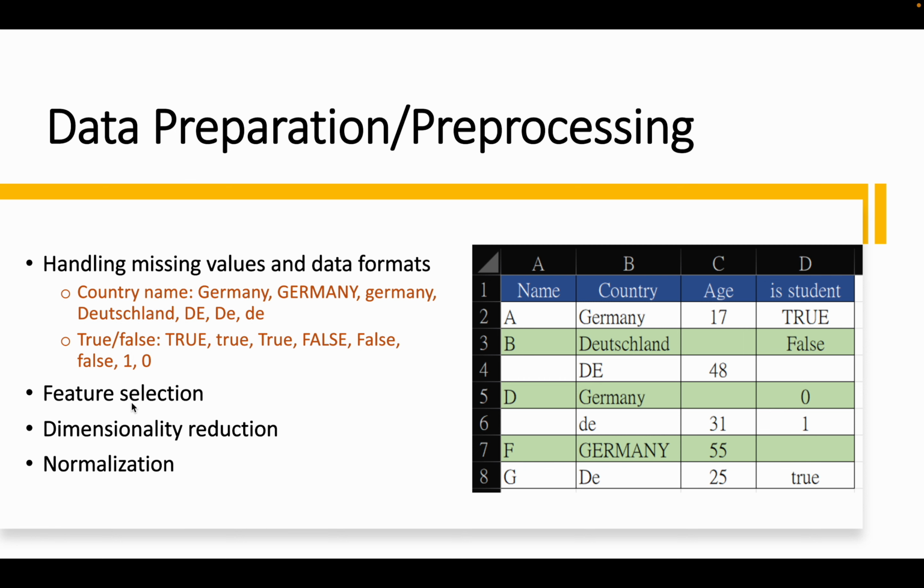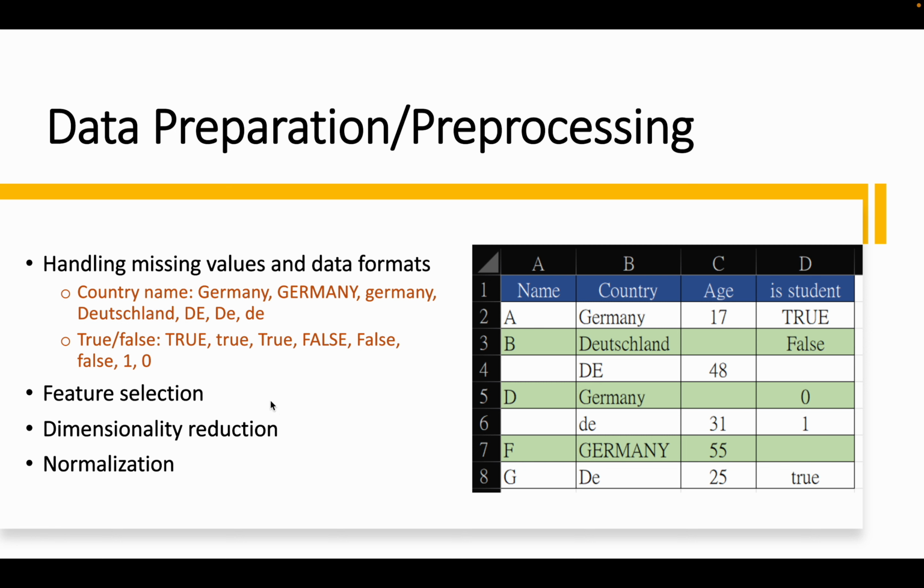And then feature selection. If we have so many features, some of them might not be relevant to the questions that we want to solve. So that's why we need feature selection. And the same reason for dimensionality reduction.